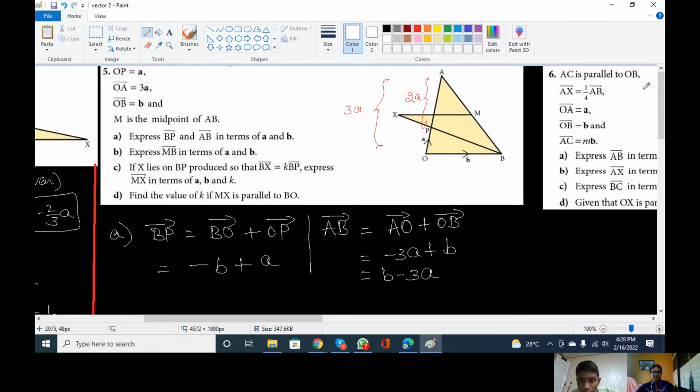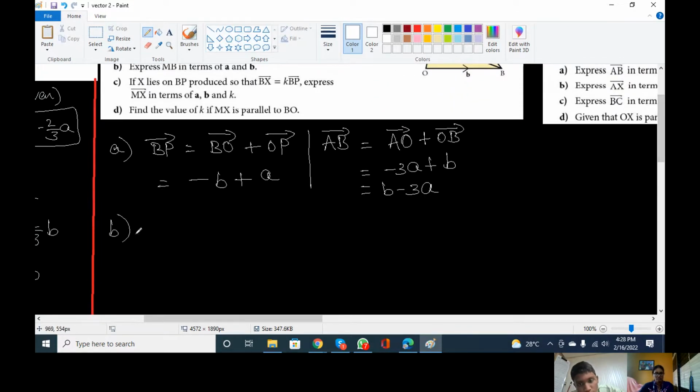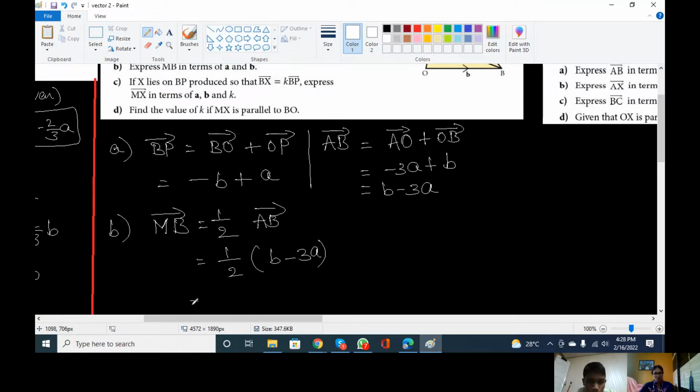So MB is half of AB and we know AB is B minus 3A. So you can just write 1 by 2 in brackets B minus 3A, or just do 1 by 2B minus 3 by 2A. So B over 2 minus 3 over 2A. Correct. Next.